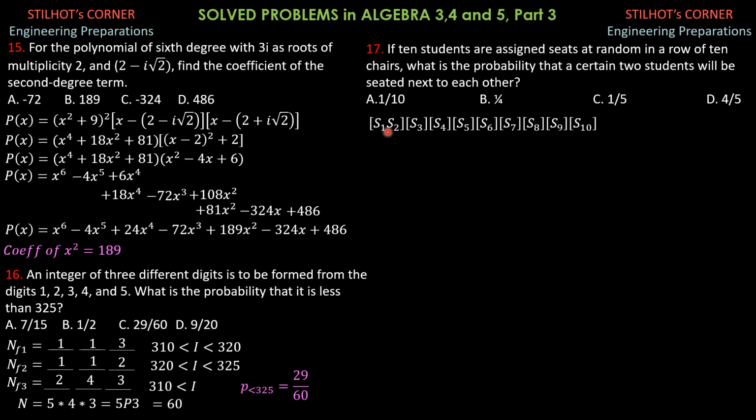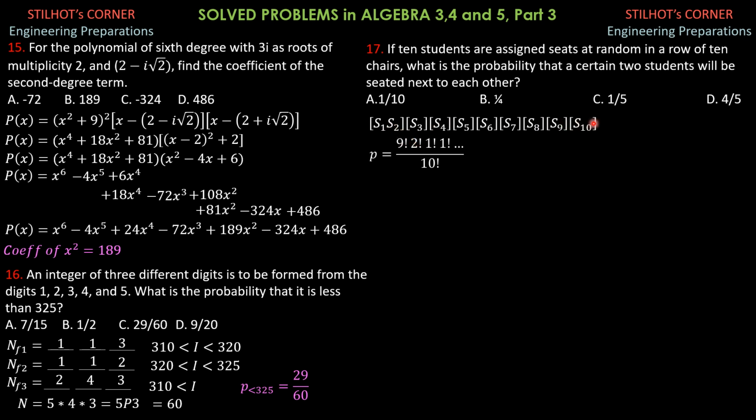So the number of favorable outcomes is number of groups factorial, times number of members of the first group factorial, then second group, third group factorial. So 9 factorial, there are 9 groups. Then this group has 2 members. We can arrange the members within that group in 2 factorial ways because there are 2 members.